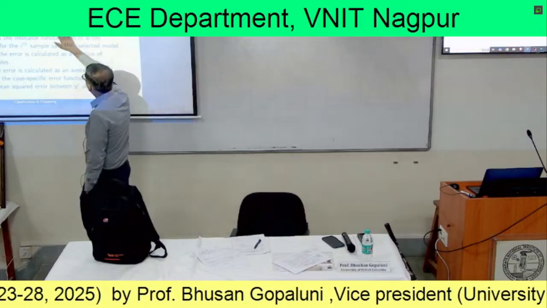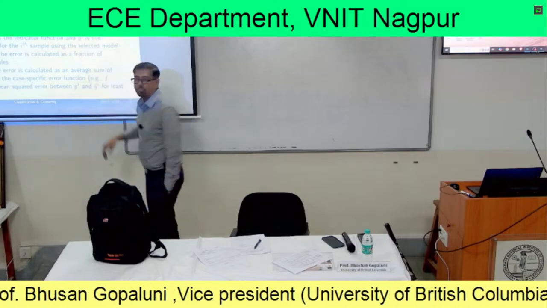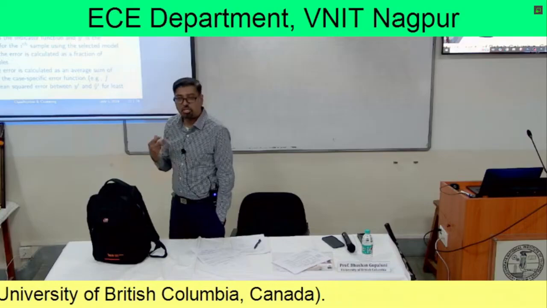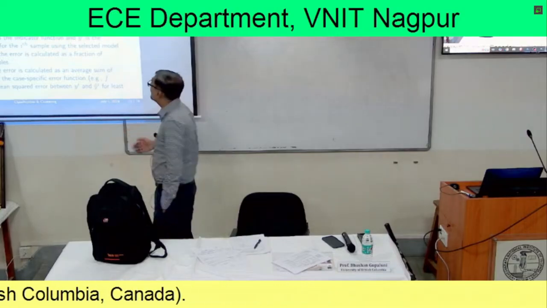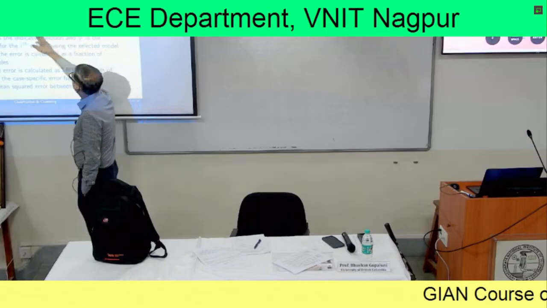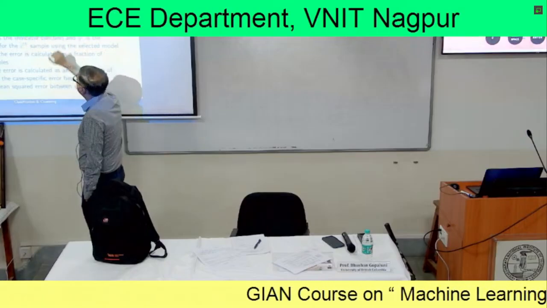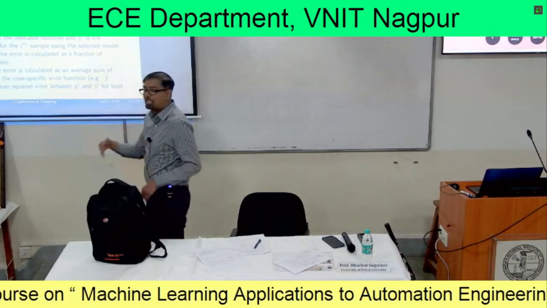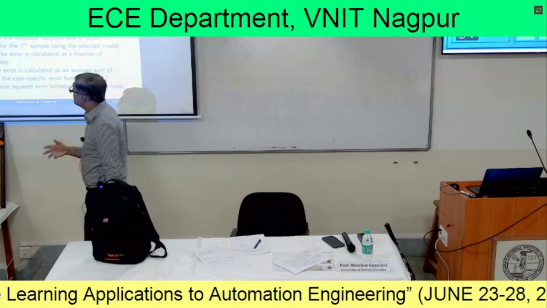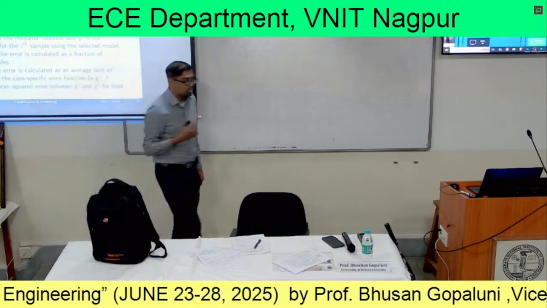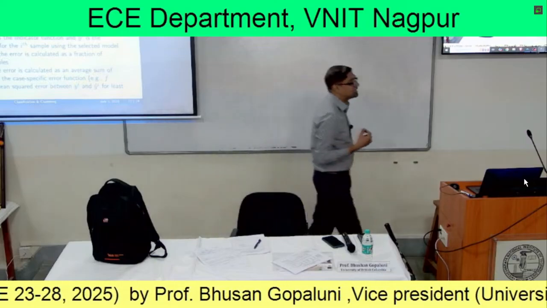Now, if you have a regression problem, I'm going to get to regression a bit later. We're going to first cover classification, clustering, dimensionality reduction, and in the end, I'll get to regression. If you have a regression problem, you have a different error rate. But the point I want to make here is that when you train your models, or validate or test your models, you have to have some way of assessing the quality of your model.